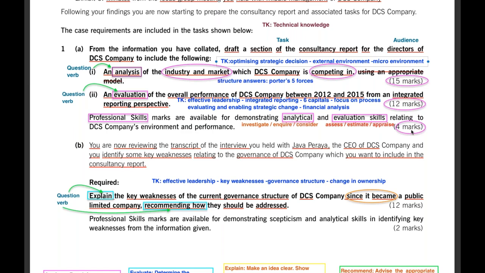And another part of this first requirement is your part B. You are now reviewing the transcript, the one that you have at the back there.